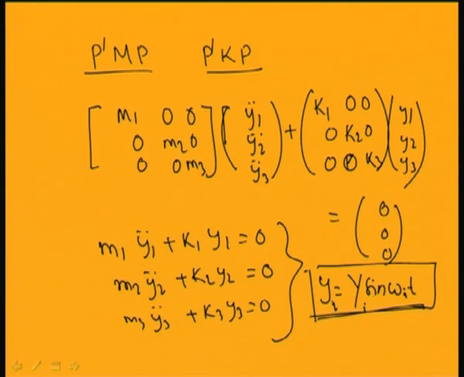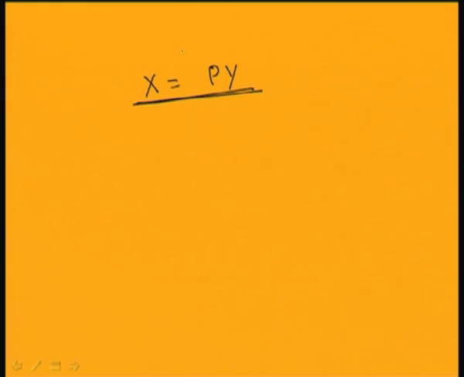After finding the single degree of freedom system solution, one can convert Y to X by using the modal matrix, so X will be equal to P y. So, the modal analysis method involves first finding the normal modes of the system, finding the modal matrix of the system, then finding P inverse, P transpose M P and P transpose K P. So, the steps are: first find the normal modes of the system.